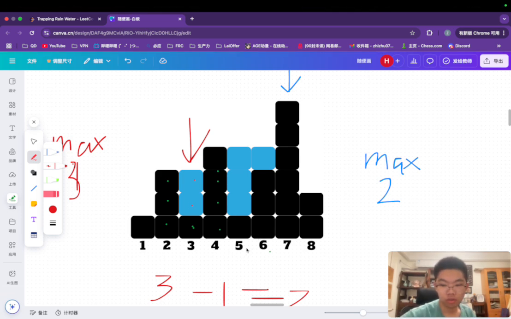Since it's smaller than the largest one on the left, if it can hold water, we definitely want to look at the left hand side, since the left is already larger than it. And we are also sure that on its right hand side there exists at least one height that is larger than its current height. Actually, that height is even higher than the highest one on its left hand side.